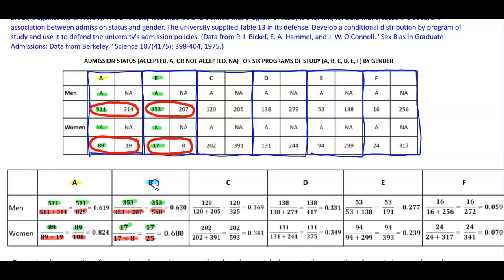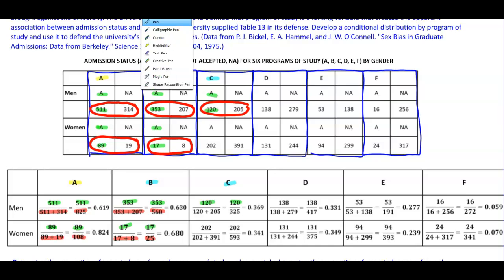Okay, now let's take a look at Program C. We're going to again look at the accepted for men, and we can see that 120 was accepted. And then we're going to add those two values, 120 plus 205.